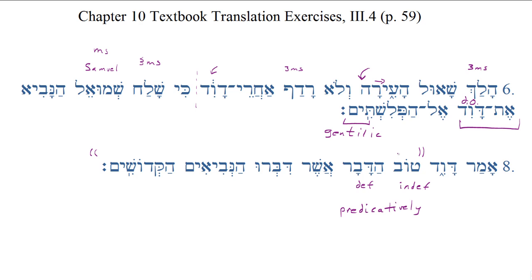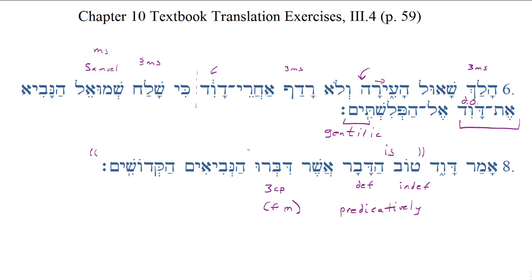And so we would say, good is the word. We supply a to be verb here. Good is the word, asher, which, and now we have, I think, our first example of a third common plural perfect. We've seen third masculine singulars. Now we're going to see a third common plural. That means it serves for both feminine and masculine in the perfects in the third plural category. And the shuruk on the end is the ending that is used for perfect third common plural.